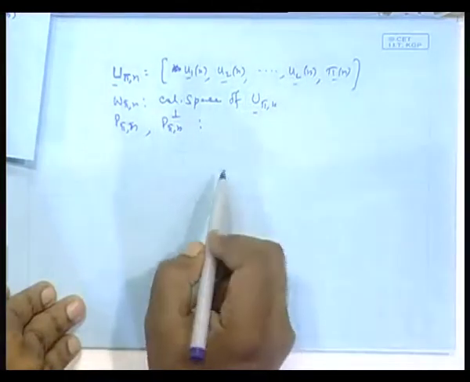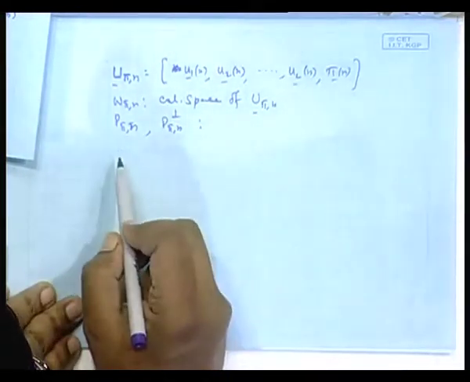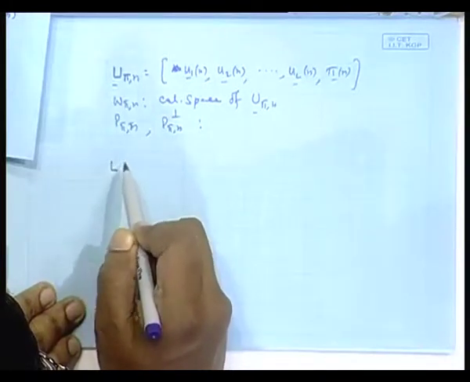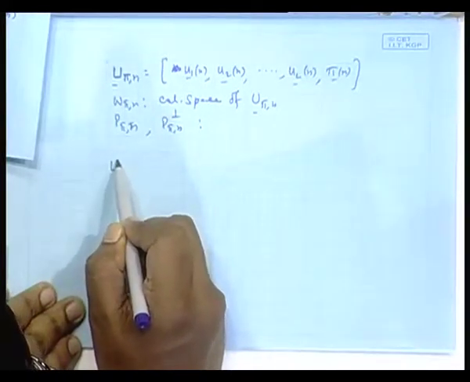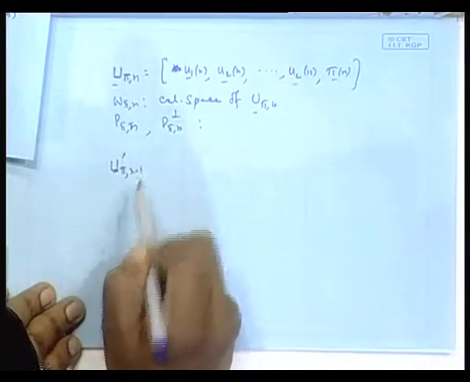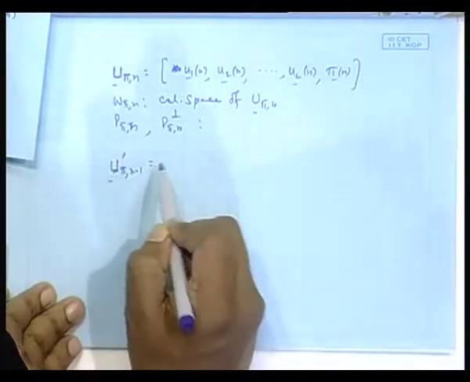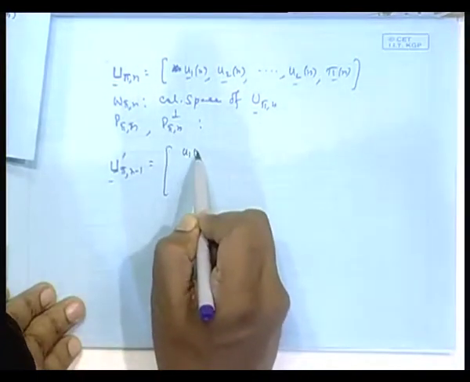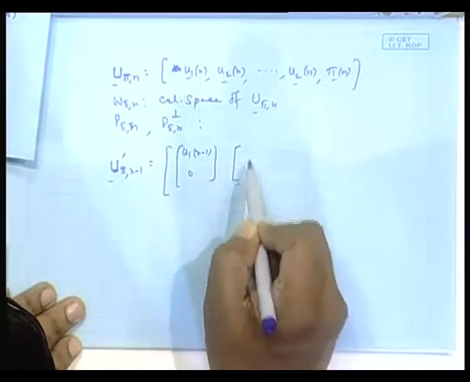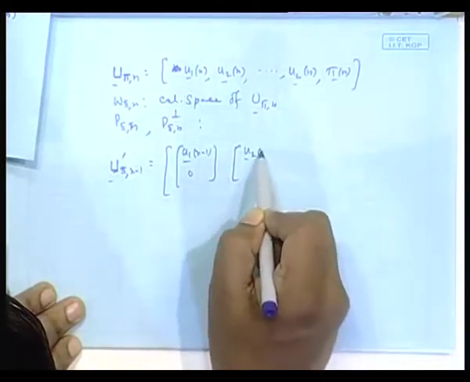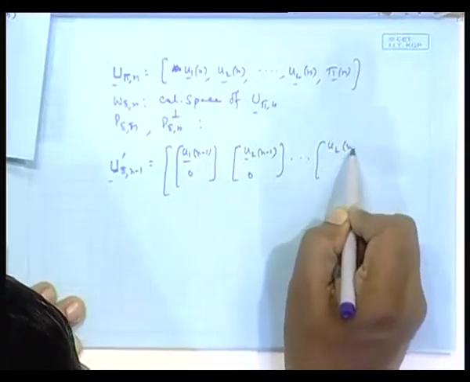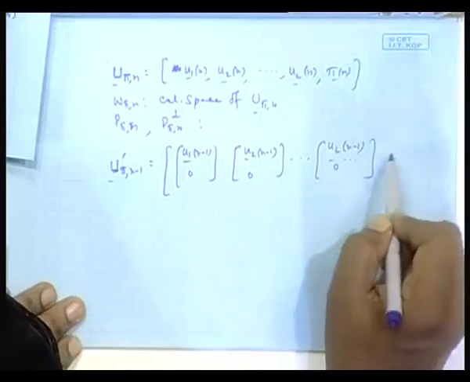And I define the vector, say u pi prime n minus 1, as u1 n minus 1 0, u2 n minus 1 0, dot dot dot, ul n minus 1 0 and pi n.